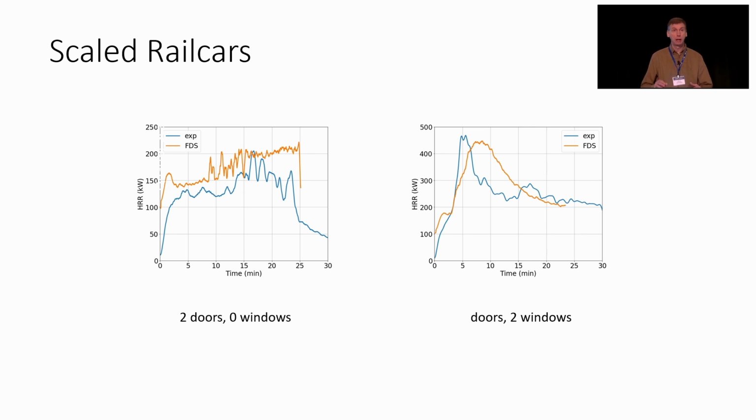The results are not perfect by any means, but if you're burning rail car seats and plastic materials lining the outer walls of a rail car, to get in the ballpark and to have the same sort of basic functional relationship for the burning rate is a big step forward.